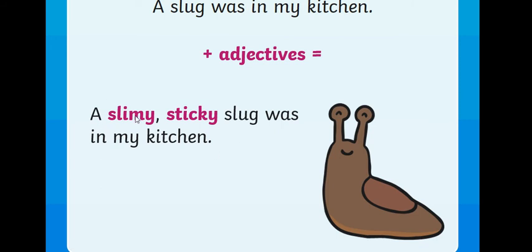A slimy, year 2 children, you can see the E has been taken off and replaced with a Y for slimy. Sticky slug was in my kitchen. A slimy, sticky slug was in my kitchen. These two words, slimy and sticky, are adjectives, and they make our sentence more interesting. They help us to imagine what kind of slug was in my kitchen.